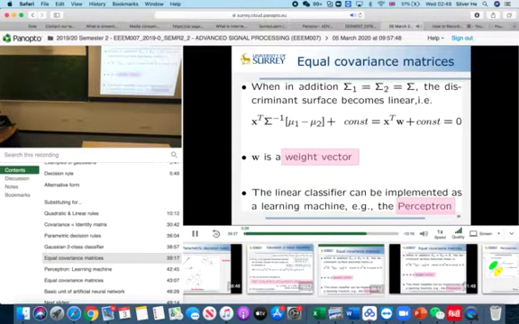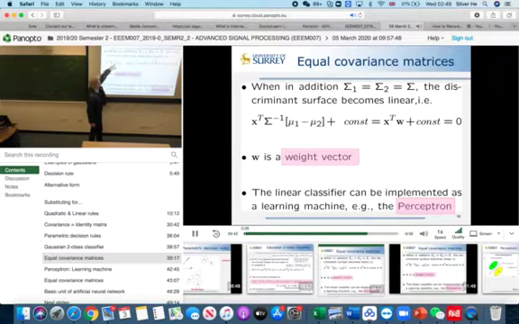Going back to that, when we look at finding the maximum condition, either mu1 is going to be maximum or mu2 is going to be maximum. So we just need to subtract one from the other to find out which is the largest.